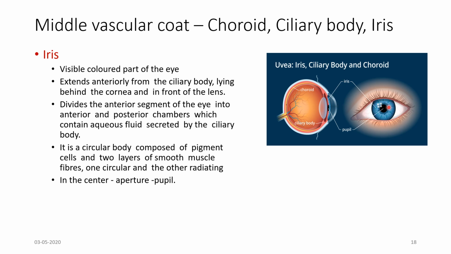The iris is a circular body composed of pigment cells, and it also contains two layers of smooth muscle fibers, one circular and the other radiating. In the center of the iris is the aperture, the pupil.